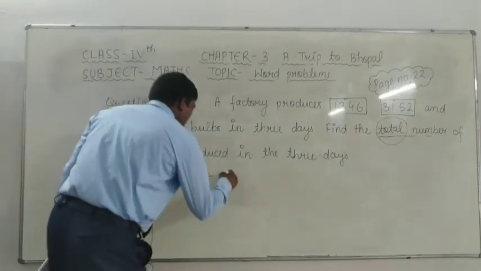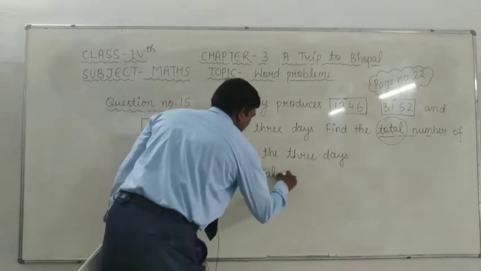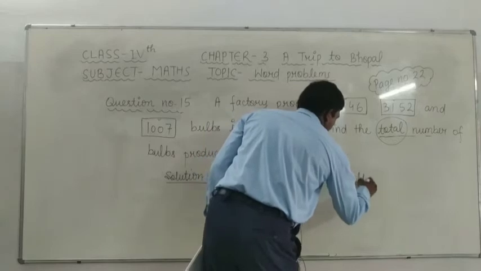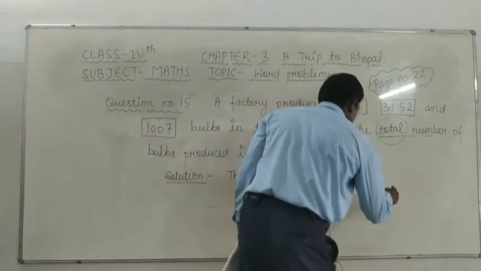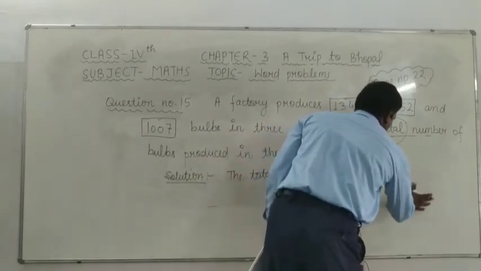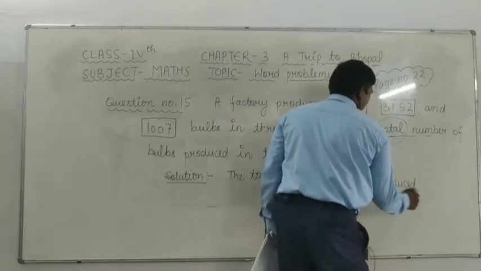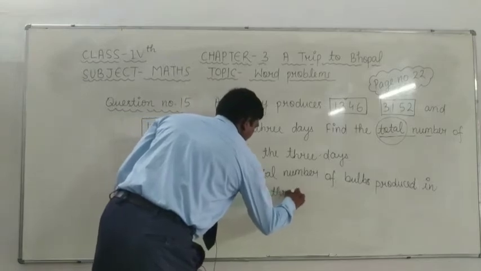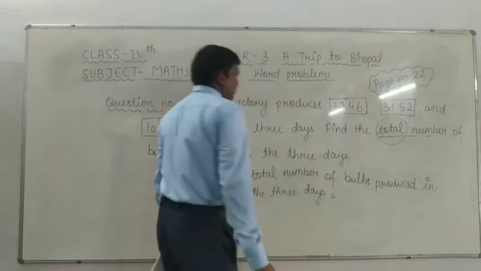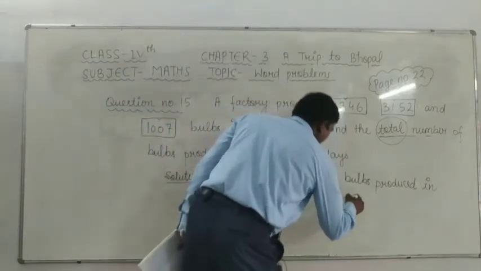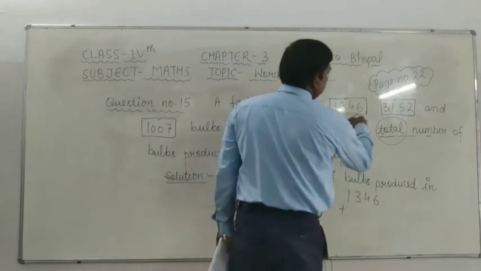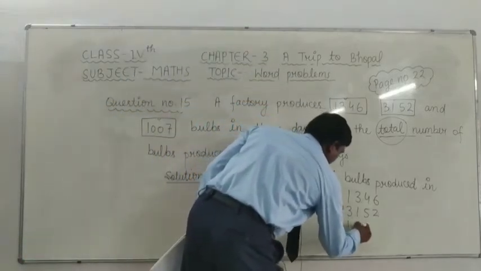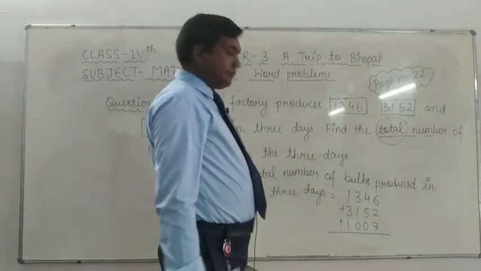The total number of bulbs produced in the 3 days is equal to, dear students, in this question we have to take the addition of 1346 plus 3152 plus 1007. After adding these we get the result of this question.